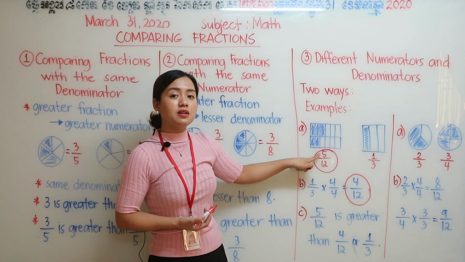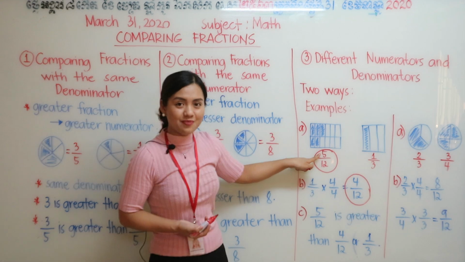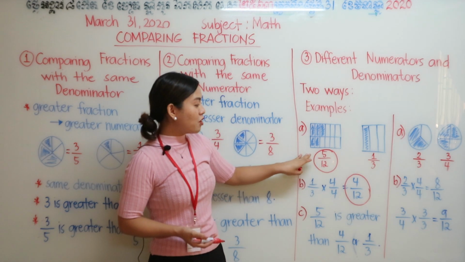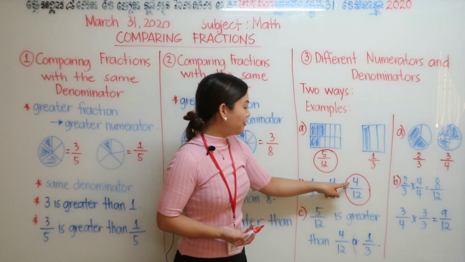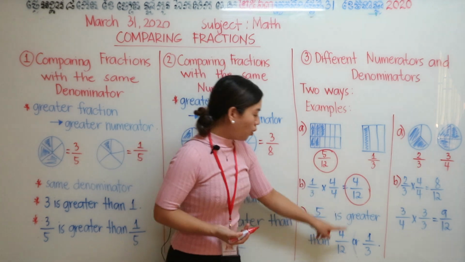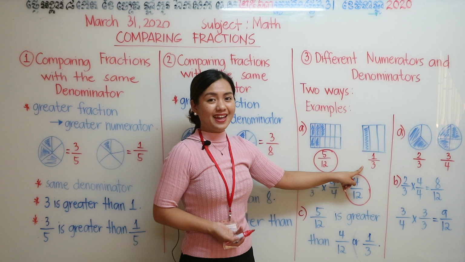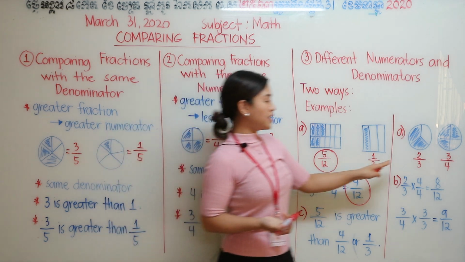The numerator which is greater will be the greater fraction. So 5/12 is greater than 4/12, or 1/3.